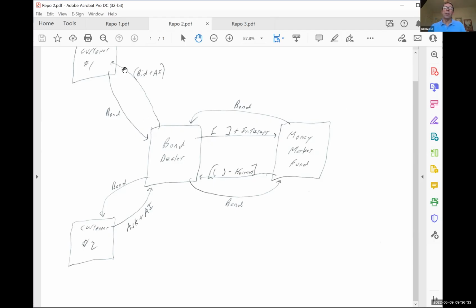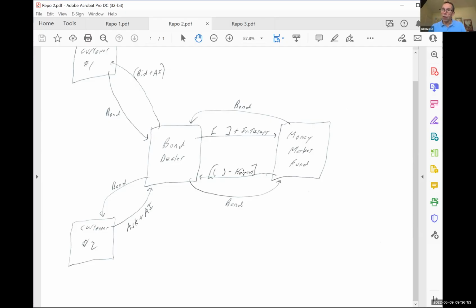So the bond dealer buys the bond from customer number one, obtains 99.5% of the funds from entering into the repurchase agreement with the money market fund, where the bond dealer sends over the bond to the money market fund. The money market fund sends over to the bond dealer the value of the bond minus the haircut.